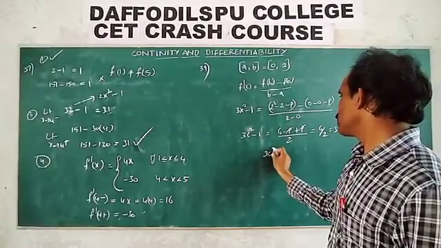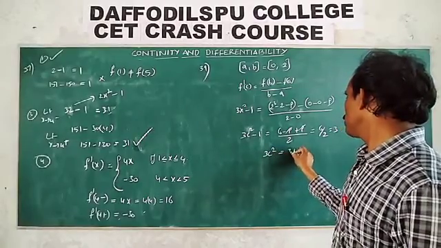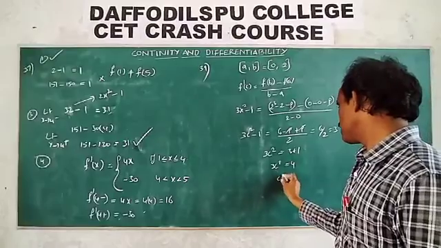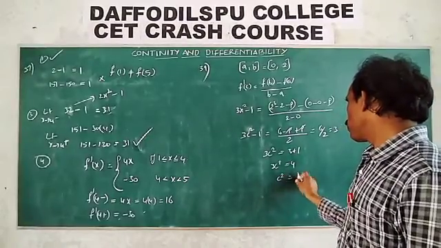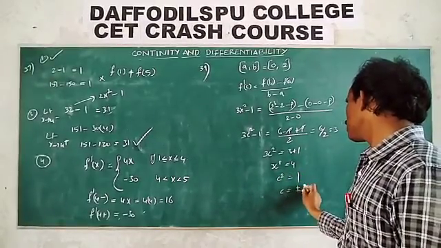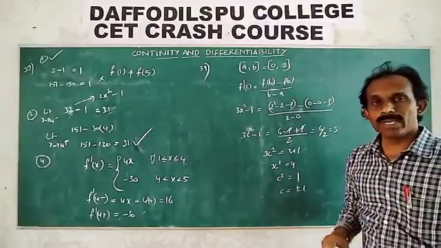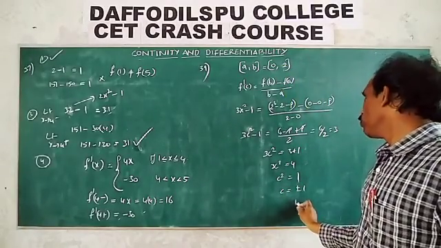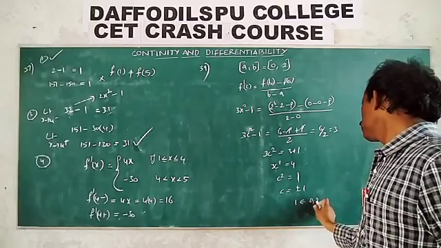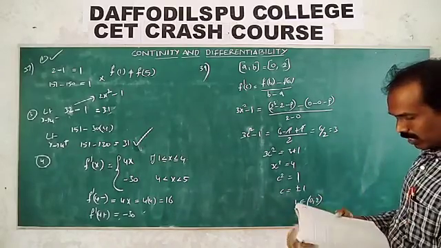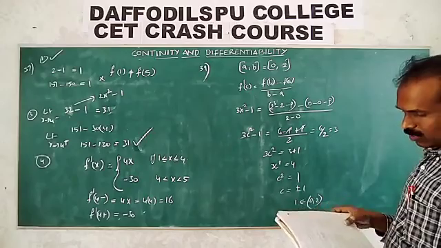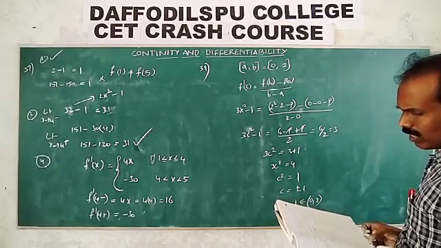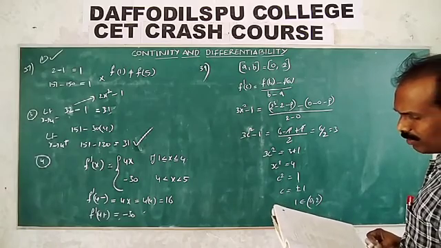Therefore 3c square is equal to 3 plus 1, so 3c square is equal to 4. c square is equal to 1, c is equal to plus or minus 1. But the given interval is 0, 2. Minus 1 is not possible, 1 is possible. Now we'll find the value of c in the mean value theorem.